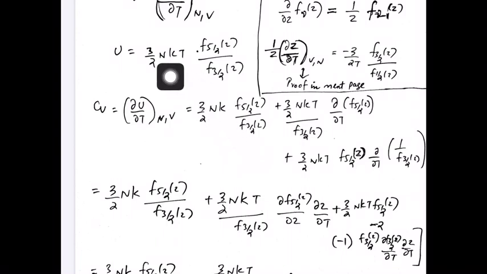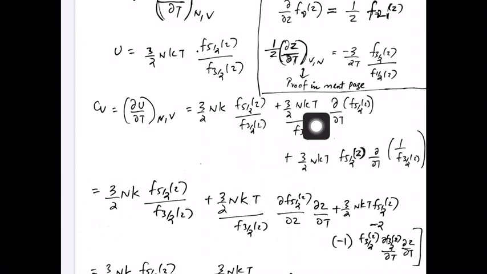As we differentiate with respect to temperature, remember that here we have temperature and z also contains temperature. z is the exponential of mu over kT, so this also contains temperature. So there are 3 terms containing temperature, and keeping that in mind, we apply the product rule. First we differentiate T and we get 3/2 nk F5/2(z) over F3/2(z).